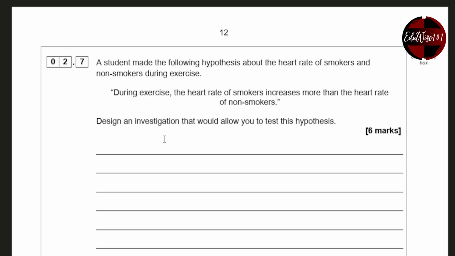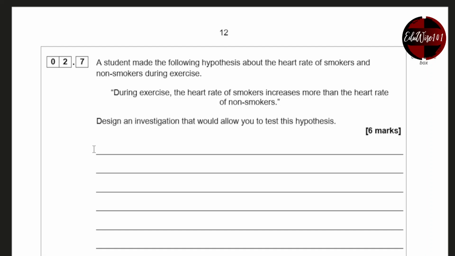You would have to control certain things. Okay, maybe they are all male, 18 years of age, or between 18 to 20. I would actually choose the same age as well, same fitness level, how active they are, the general exercise that they actually do day to day.